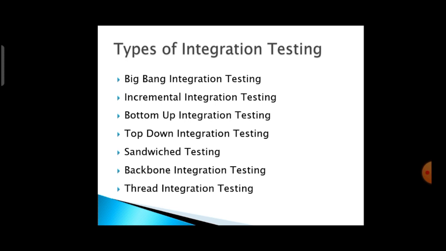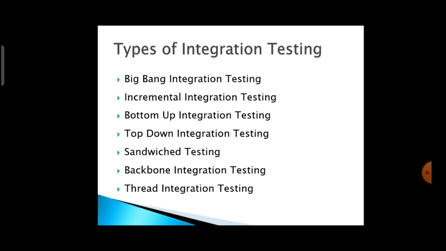And next is sandwich testing. A sandwich integration testing follows a combination of top-down and bottom-up testing approaches. In the top-down approach, testing can start only after the top-level modules have been coded and unit tested. However, in the sandwich testing approach, a system is integrated using a mix of top-down, bottom-up and Big Bang approaches.